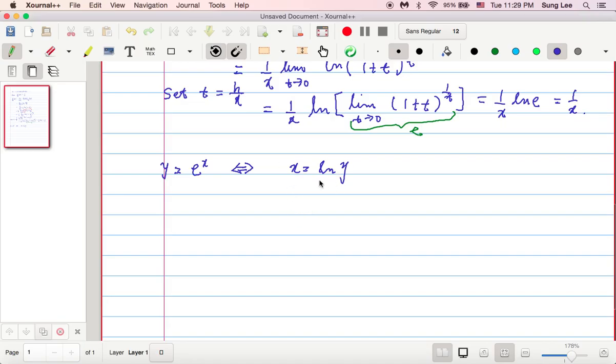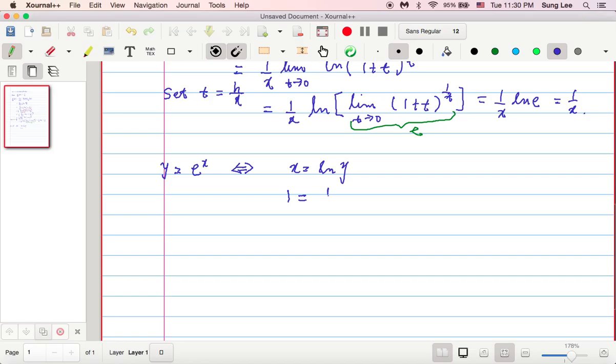So we take the derivative of this with respect to x. Differentiating x equals ln of y with respect to the variable x, the left hand side is 1, the right hand side is the derivative of ln of y. Remember, implicit differentiation has to be used, because y is implicitly a function of x.